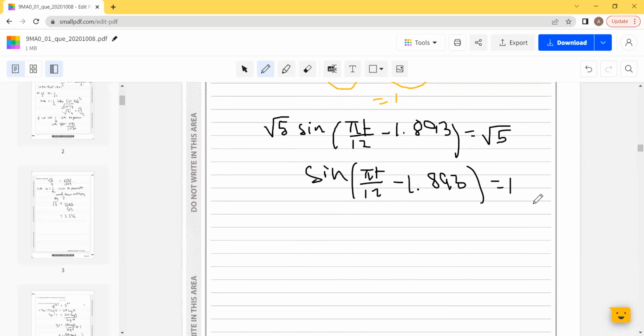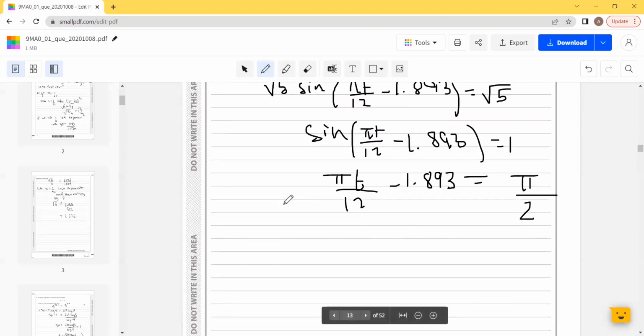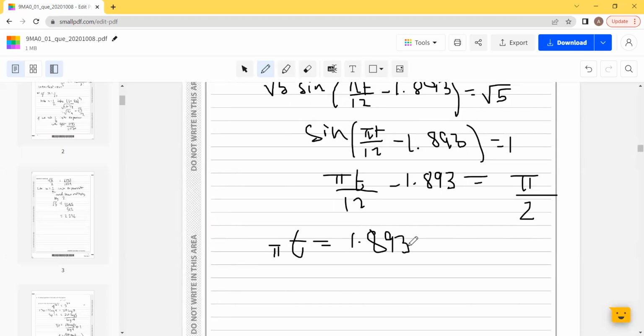So if I do the sine inverse, I should get pi over 2 radians because we're working in radians. So I should get pi t over 12 minus 1.893 is equal to pi over 2. So pi t is equal to 1.893 plus pi over 2, times 12.